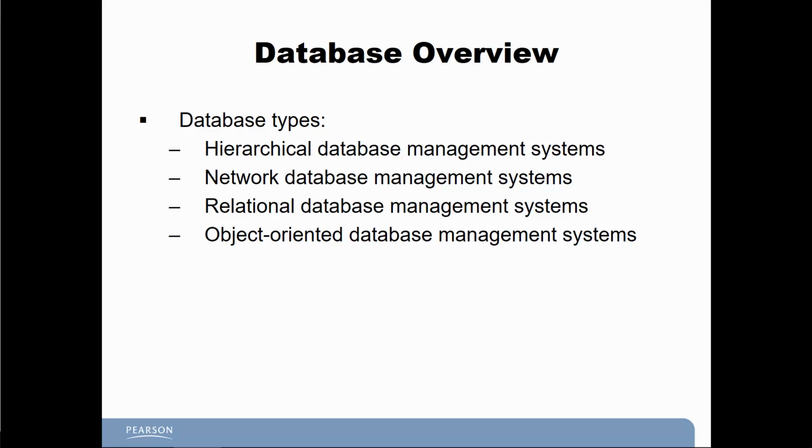Moving into databases, database types could be hierarchical, network, relational, or even object-oriented. Common ones are going to be network, hierarchical, or relational databases, though most times we're dealing with related data, so a relational database management system, or RDBMS, is very common.